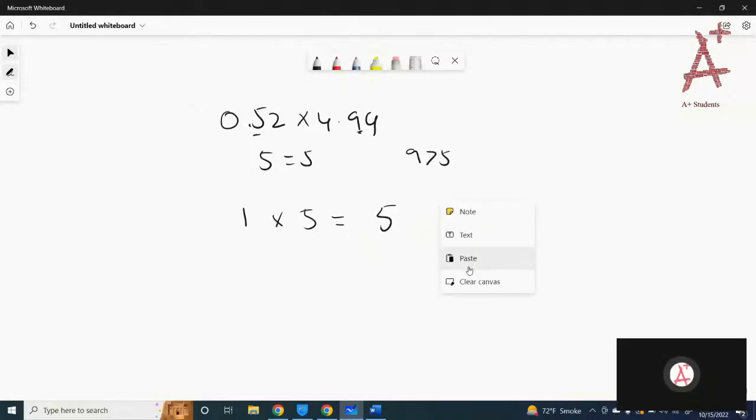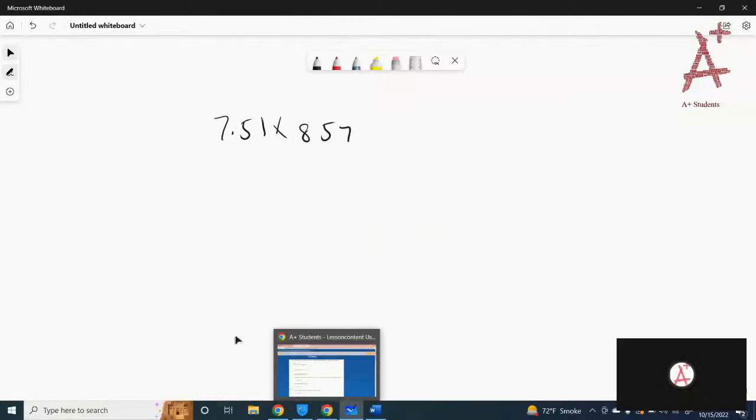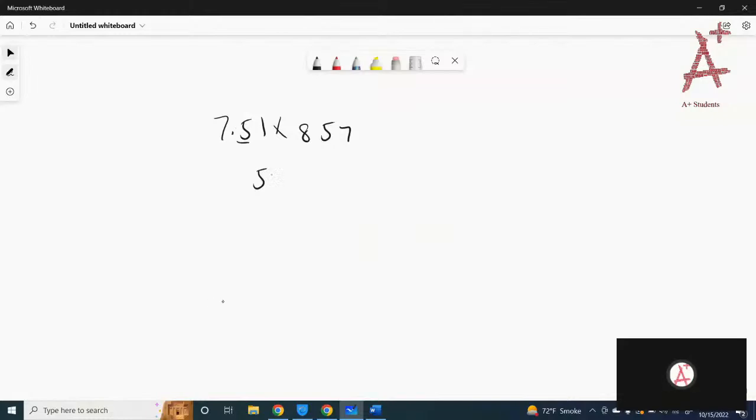Okay, the next one is estimate the products. 7.51 times 8.57. So you have to round off both numbers. First, here you have 7, and after the 7 you have 5. 5 is equal to 5, that means you have to round up.